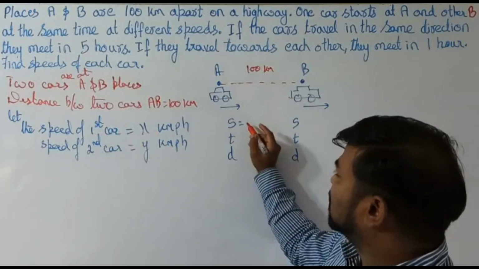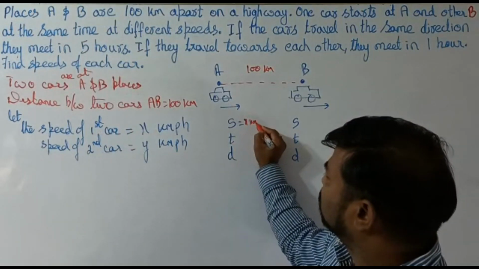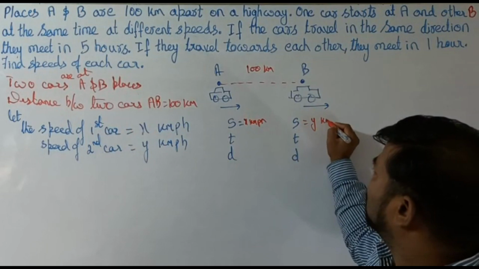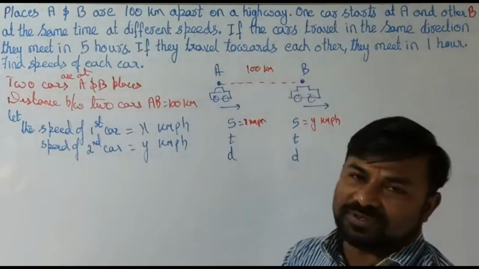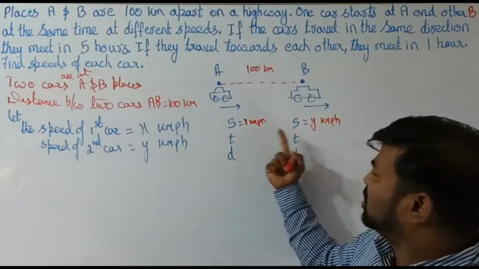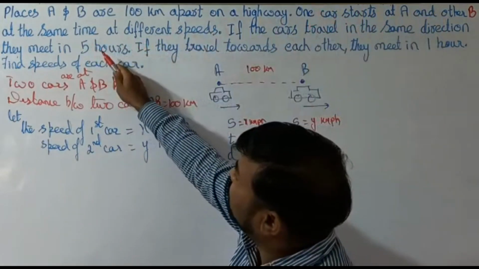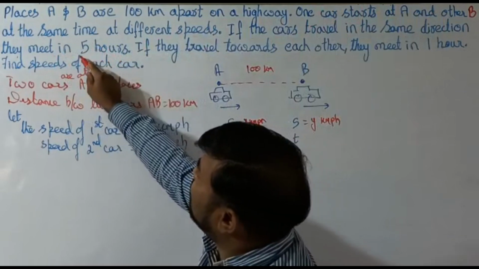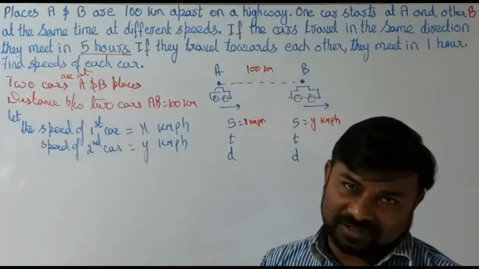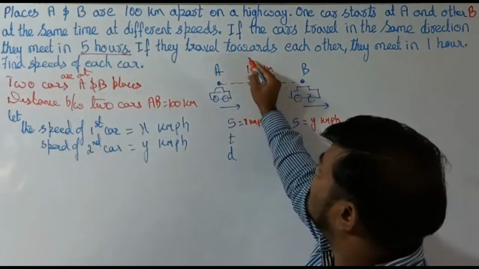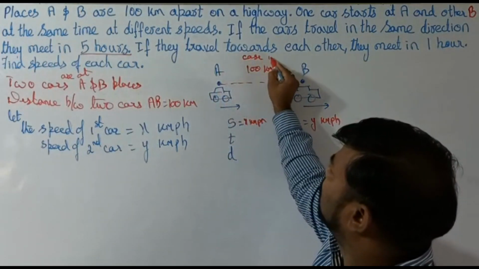It's nothing but x kilometers per hour, and here we are talking about y kilometers per hour. This is the first case. Now, how much time did they travel? 5 hours. They traveled for 5 hours, right? So this is case 1.